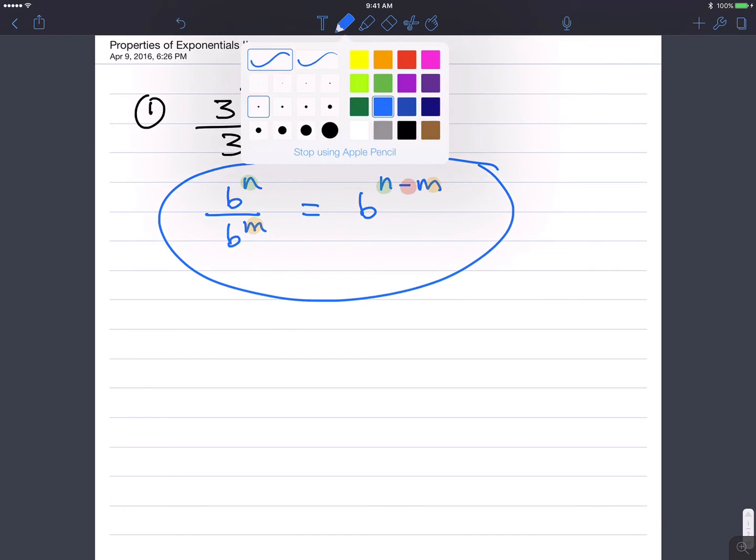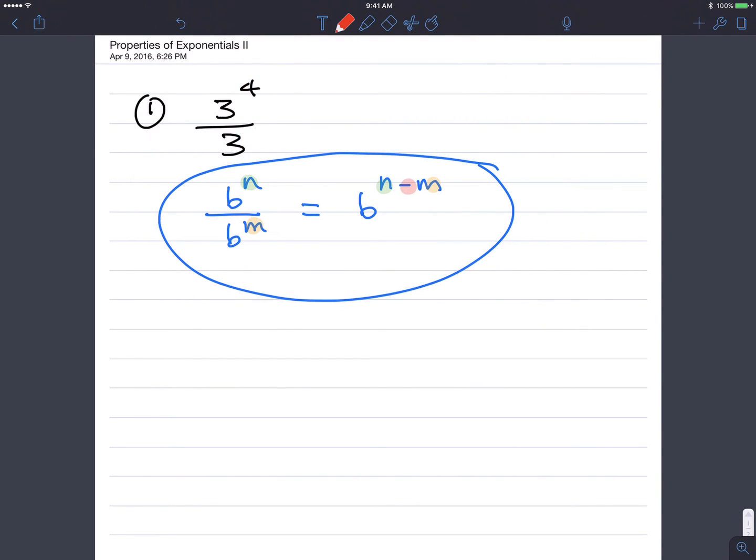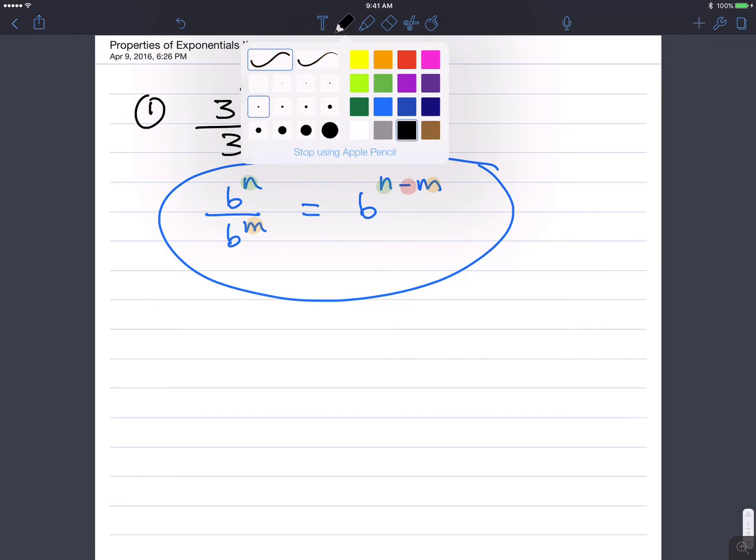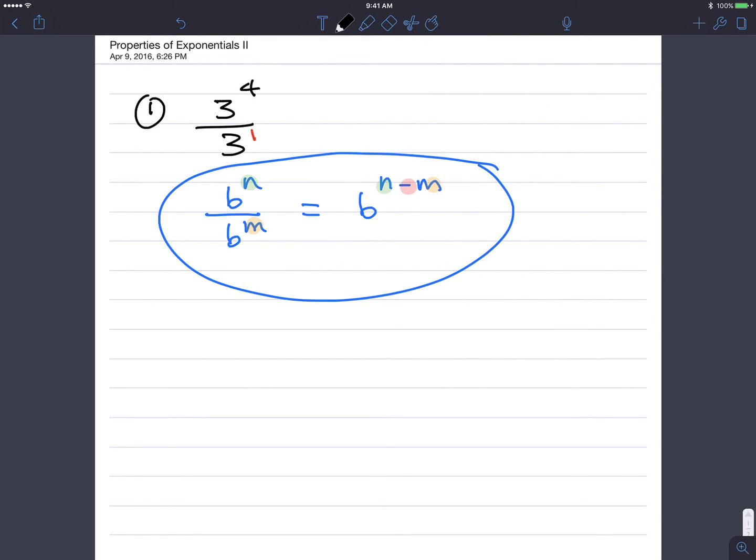Let's recall, whenever you see a number, you can write it as an exponential. Make sure the base is 1. So this is really 3 to the first power. How we'd use this property here would be keep your base 3, subtract 4 with 1, and I get 3 to the third power, which again, if you recall, that's 3 times 3 times 3.